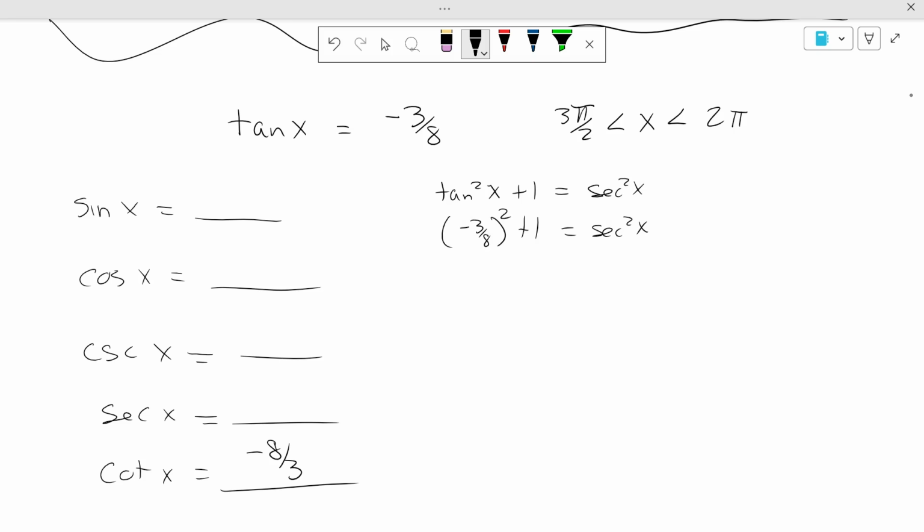What's negative 3/8 squared? No, it's positive 9/64, because when you square a negative, it's a positive. And you're going to say, but my graphing calculator just told me it's negative. Well, you didn't put parentheses around it before you squared it.